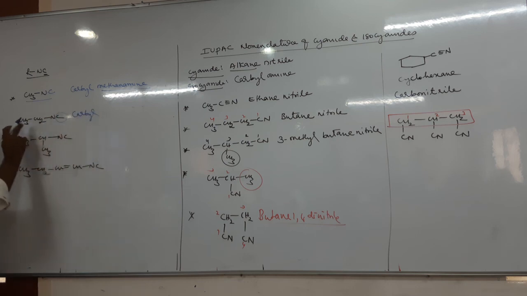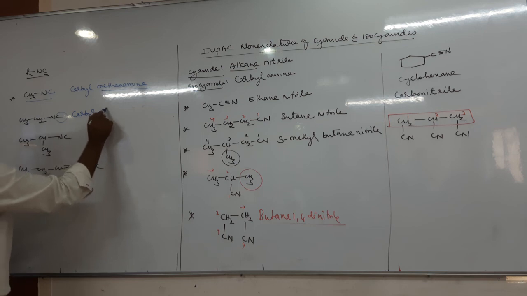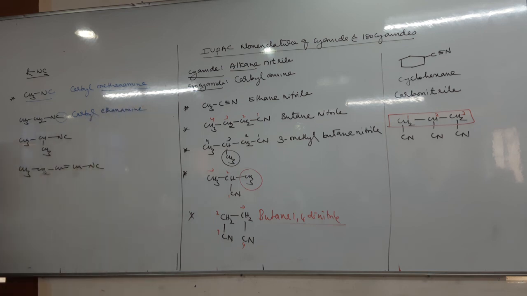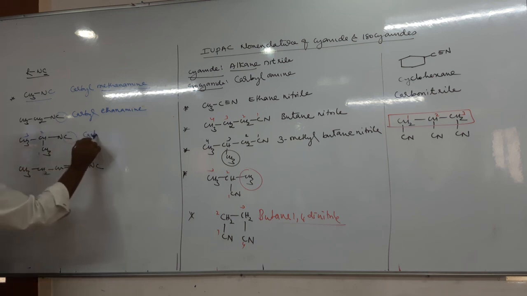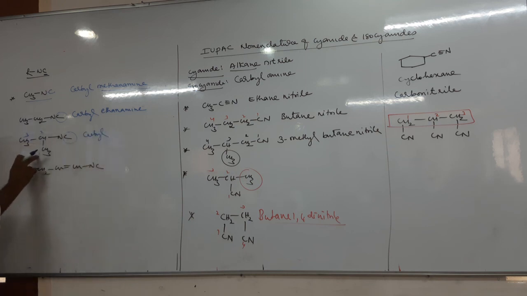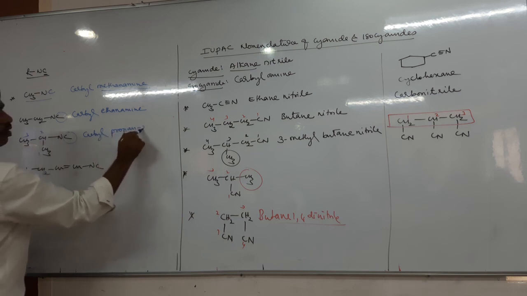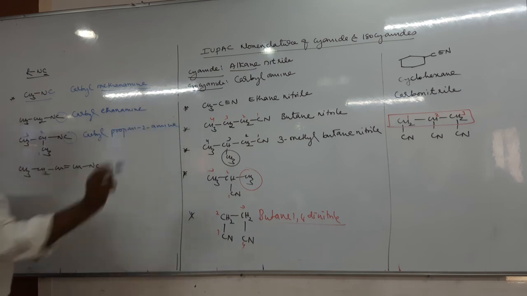It is a carbyl ethanamine. Carbyl ethanamine. Next, it is a carbyl. Which propanamine? 1, 2, 3. Again same alkane amine nomenclature. Carbyl. Which amine? 1, 2, 3, propane 2 amine.